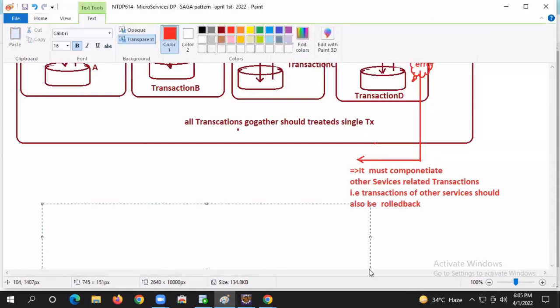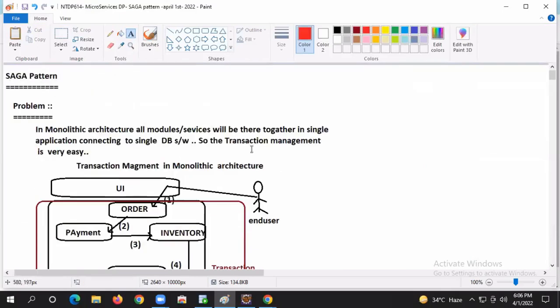To do this, guys, we need to use the SAGA pattern. Are you understanding my statement?